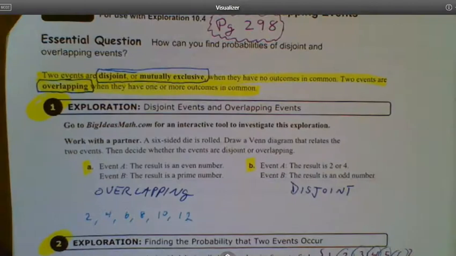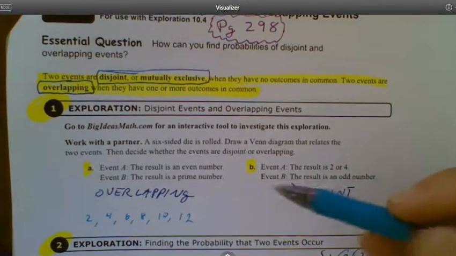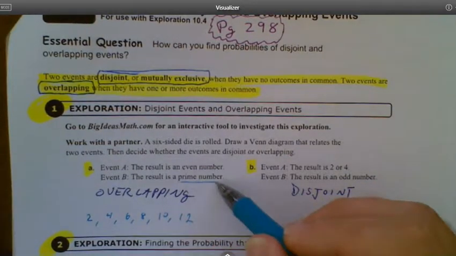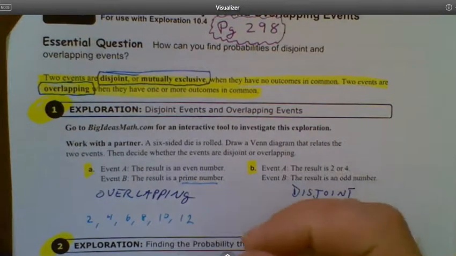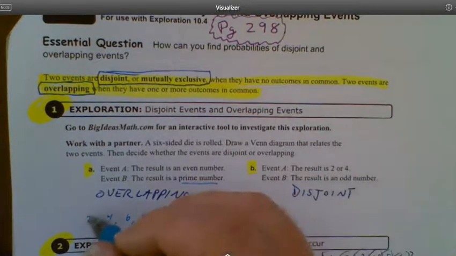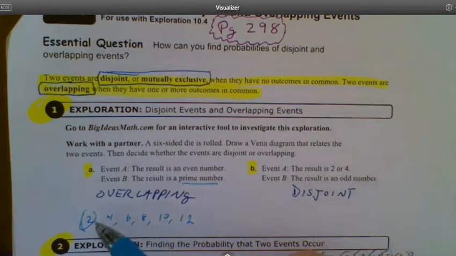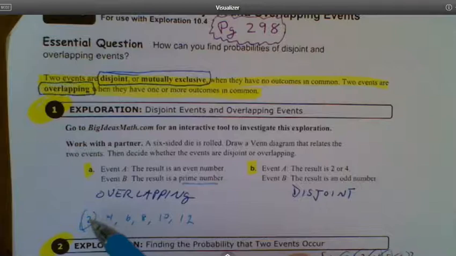Those are the results that could be even values that I get from two dice. Are any of those results also a prime number? You guys remember what prime numbers are? Numbers that can only be divided by 1 or themselves. And 2 is considered a prime number. So because there is a result that fits both of these events, these two events do have overlapping results. That would be that guy right there.